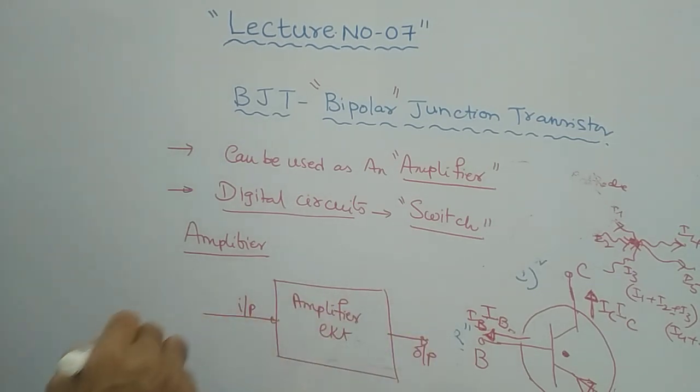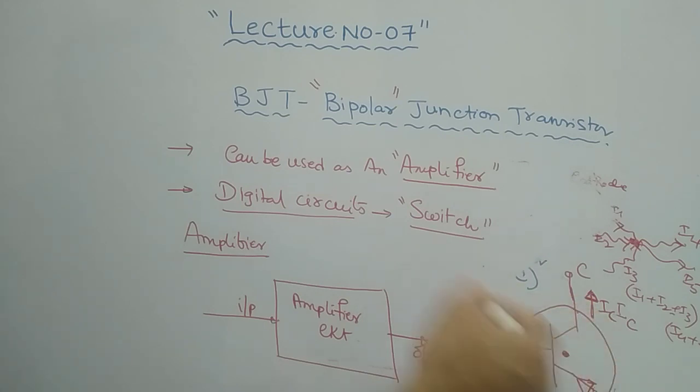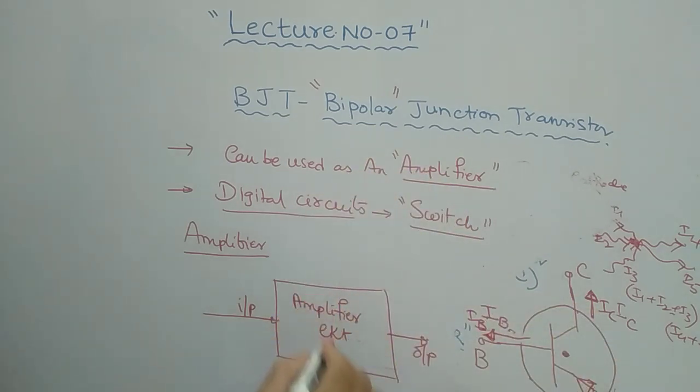How does this amplifier work? I am telling you that the transistor will be used as an amplifier, meaning definitely this amplifier circuit consists of transistors, either NPN or PNP, whatever it is.